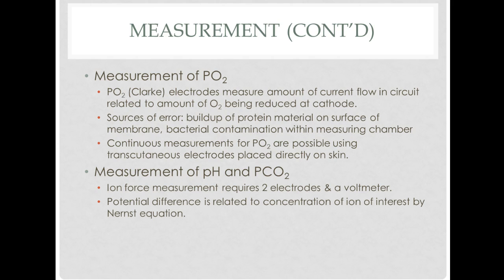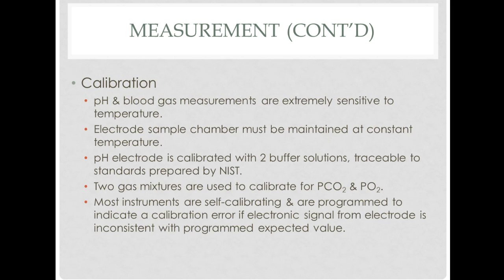Then we have the measurement of pH and CO2. This is an ion-selective measurement that requires 2 electrodes and a voltmeter. A potential difference is related to the concentration of the ion of interest by the Nernst equation. We do need to calibrate our blood gas analyzers very often. pH and blood gas measurements are extremely sensitive to temperature.